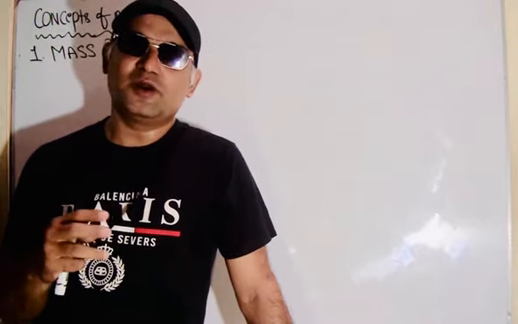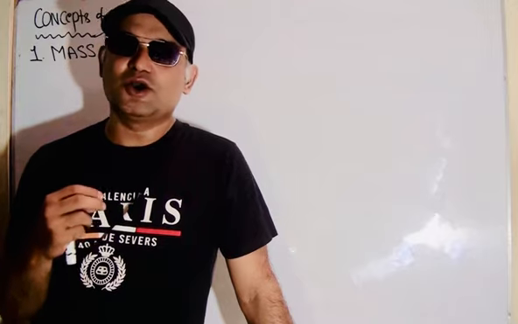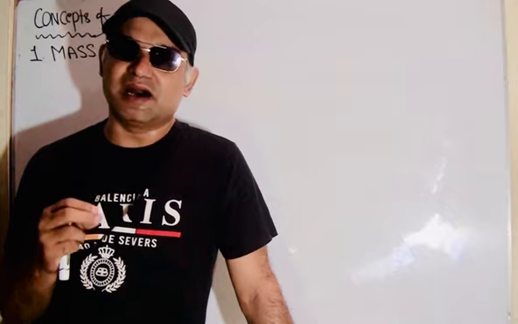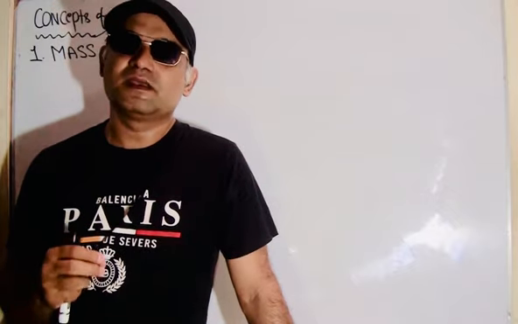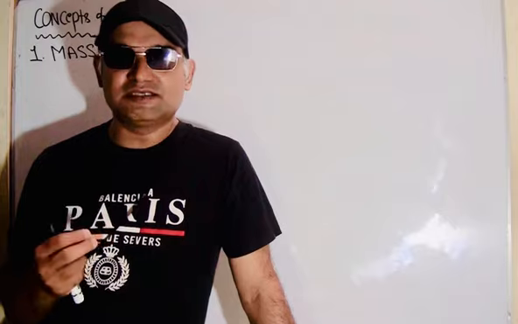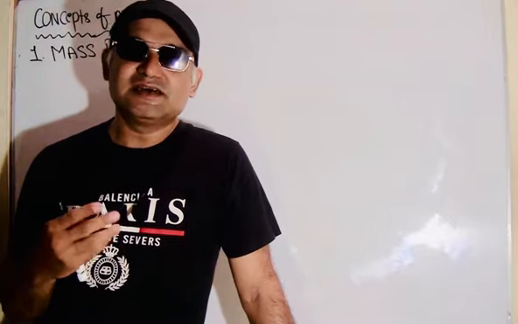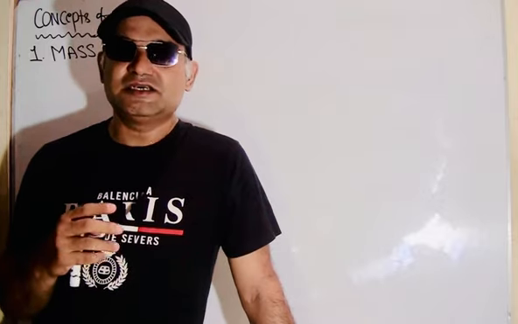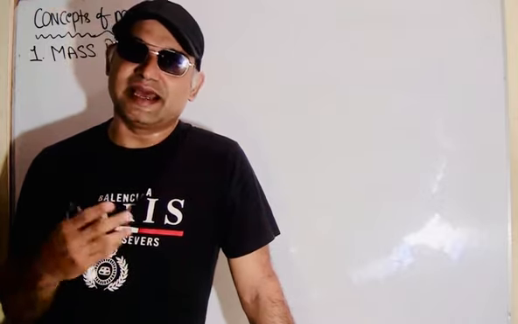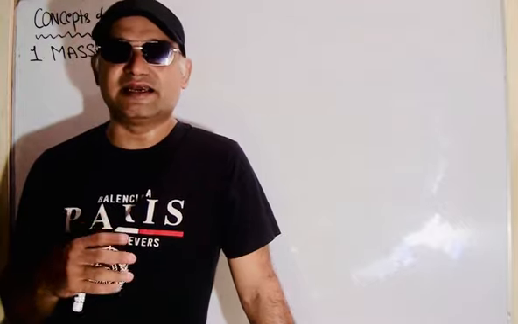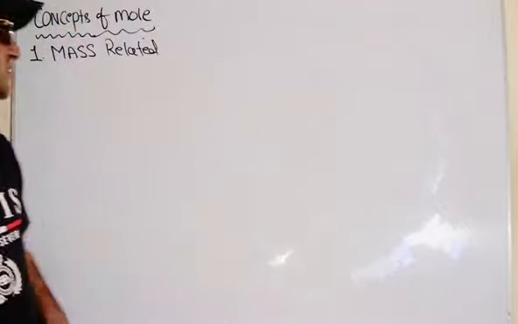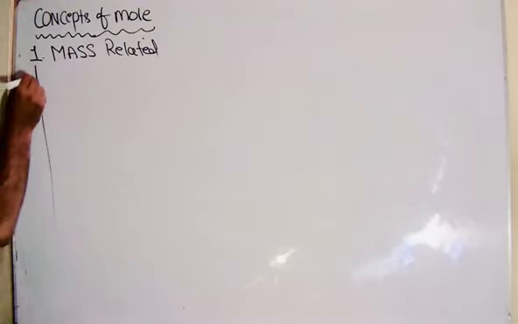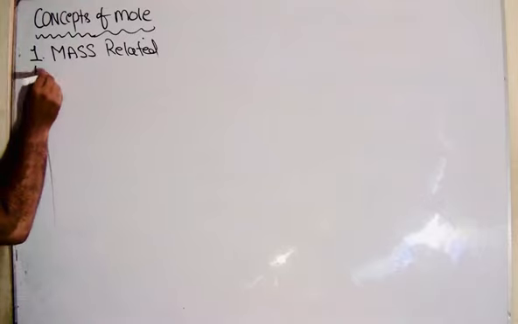So there are four mass related concepts of mole: gram atoms, gram molecules, gram ions, and gram formula. In other words, you can say these are the four modern, latest terms of mole.